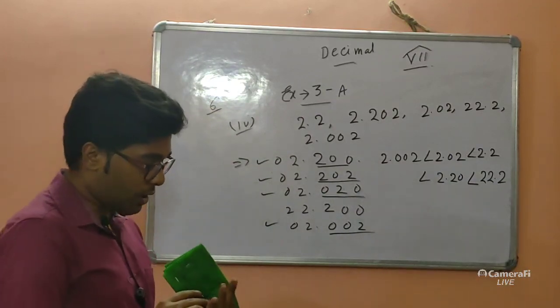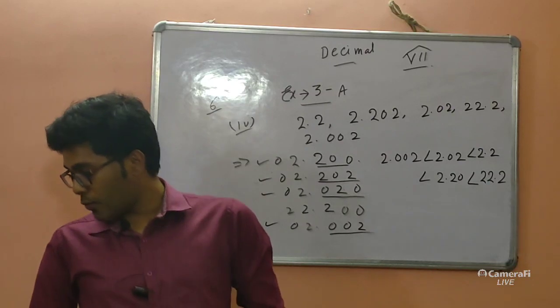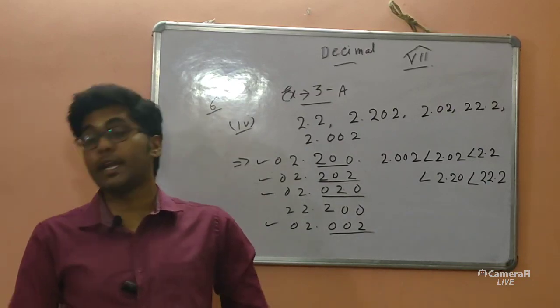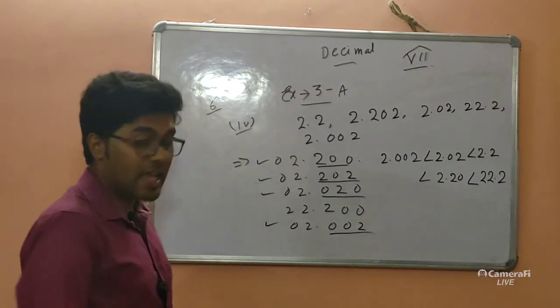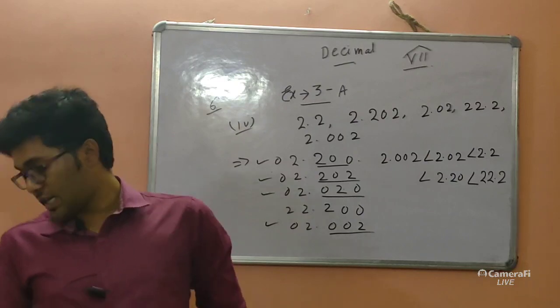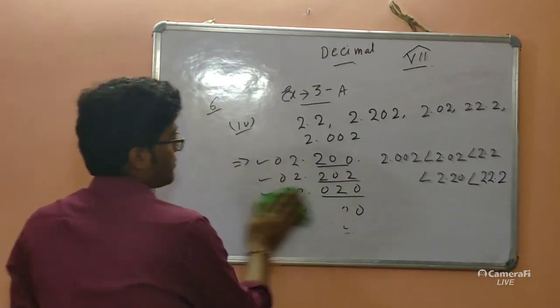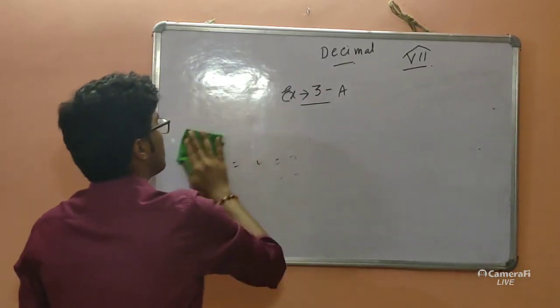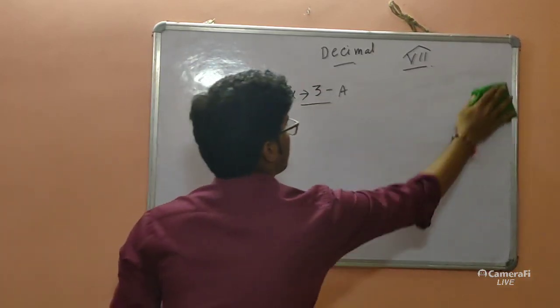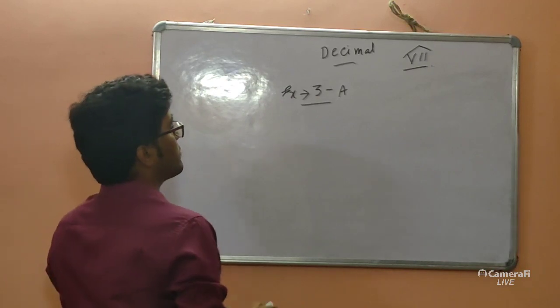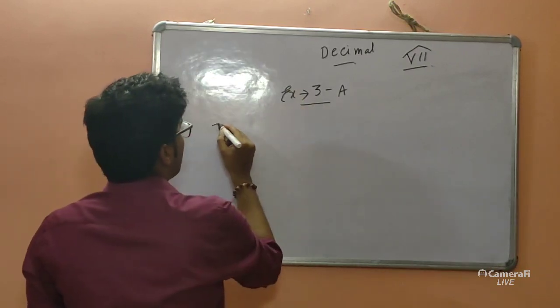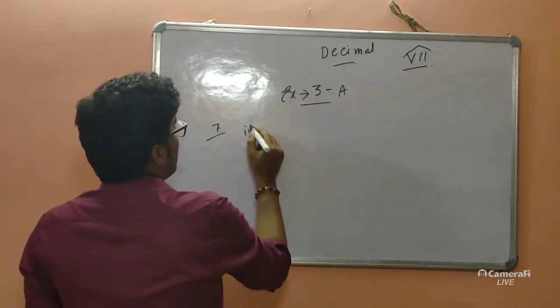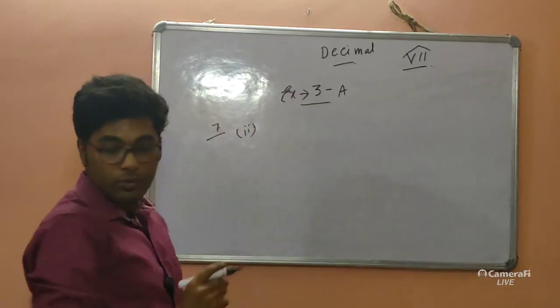So let us move on, and now we are going to do a descending order sum. Let us do 7 ka 2. What is there?